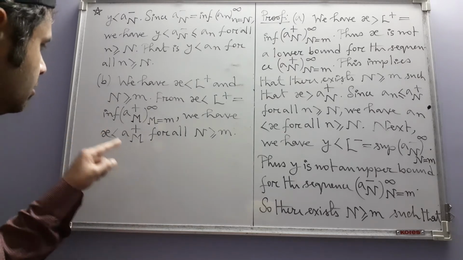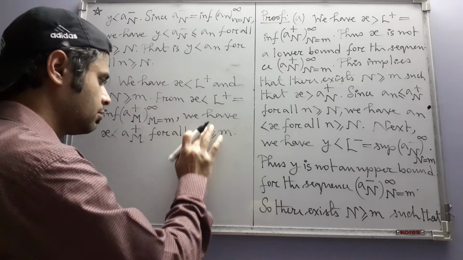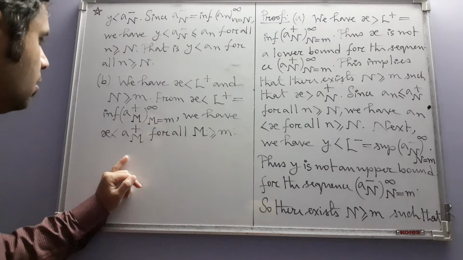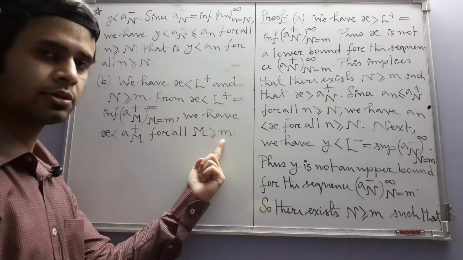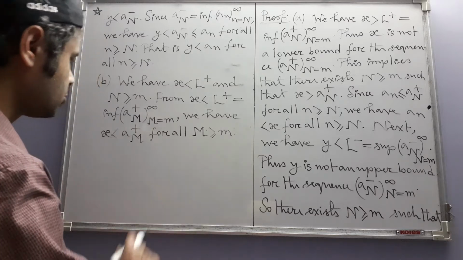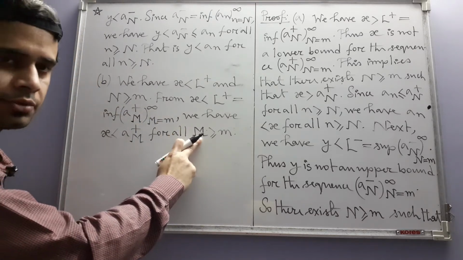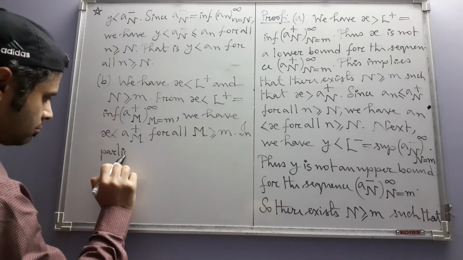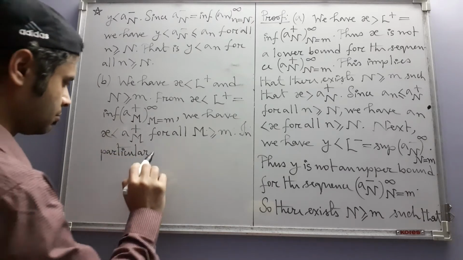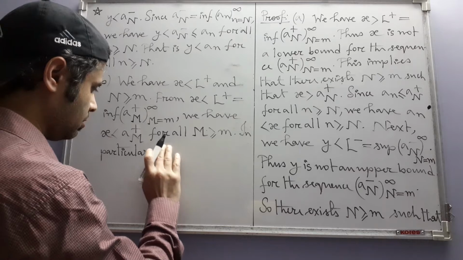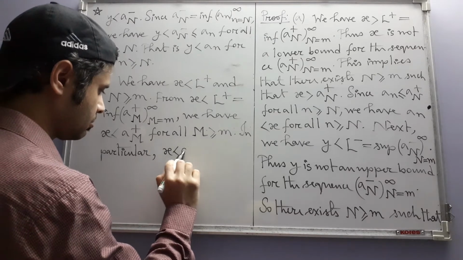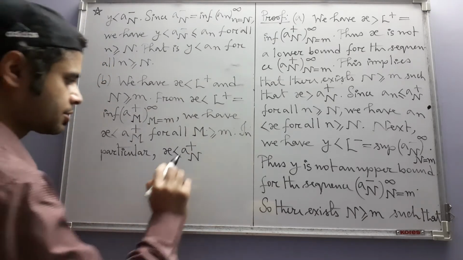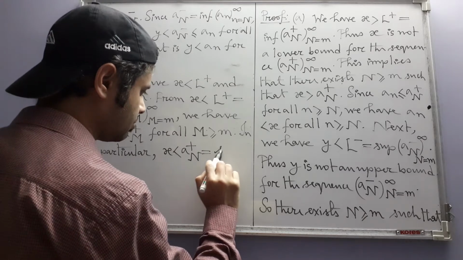So note that we are allowed to, because this is true for all n greater than or equal to m, we are allowed to take n in place of m. So in particular, x is less than a_n plus, and let us now just use the definition of a_n plus itself.